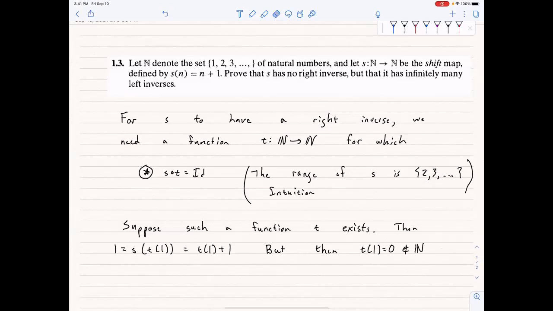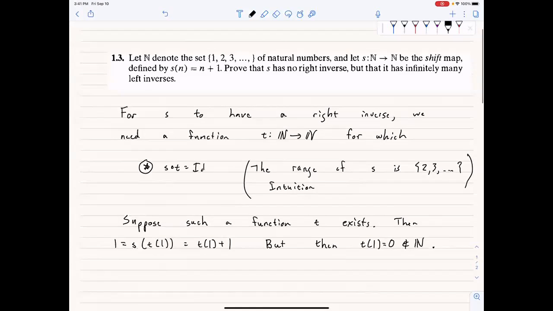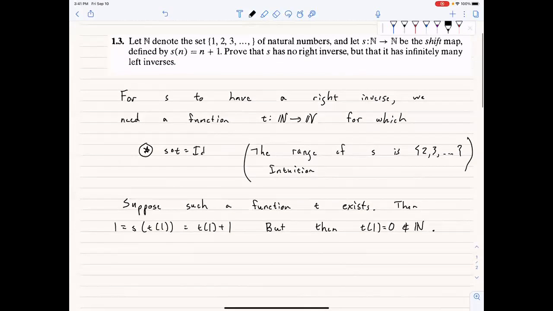This is a contradiction, because T is landing in the natural numbers, and we've got T of 1 is not in the natural numbers. So therefore, no such T exists. Okay, so that would be a proof by contradiction, simple, kind of straightforward.